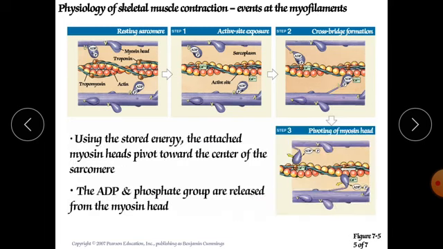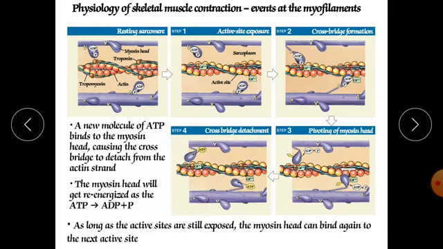Using the stored energy, the attached myosin heads pivot toward the center of the sarcomere. The ADP and the phosphate groups are released from the myosin head. A new molecule of ATP binds to the myosin.